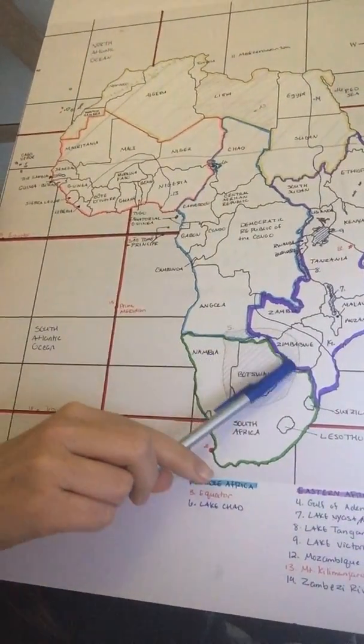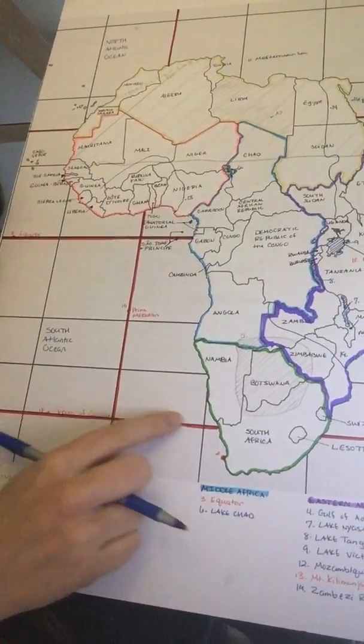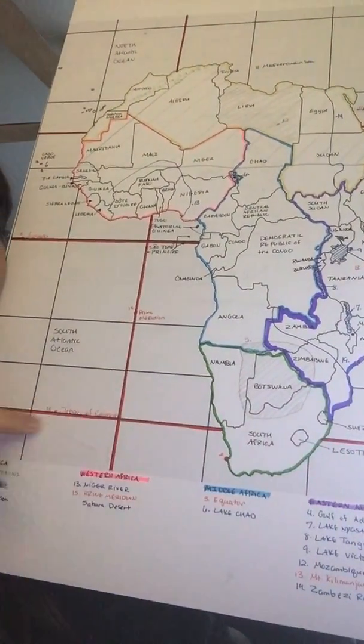The Kalahari Desert right in there, and then the Tropic of Capricorn coming right in there. That's one of our lines of latitude that we talked about in Foundations when we were in that. So that kind of cuts through the bottom of South Africa.